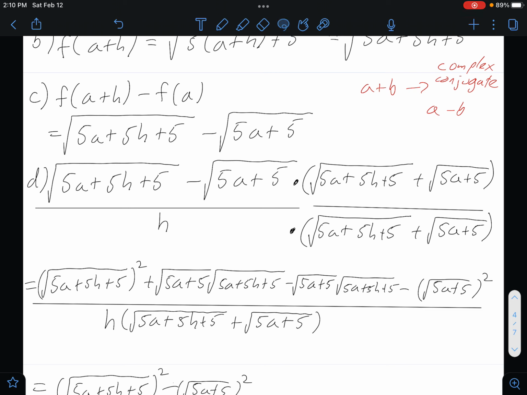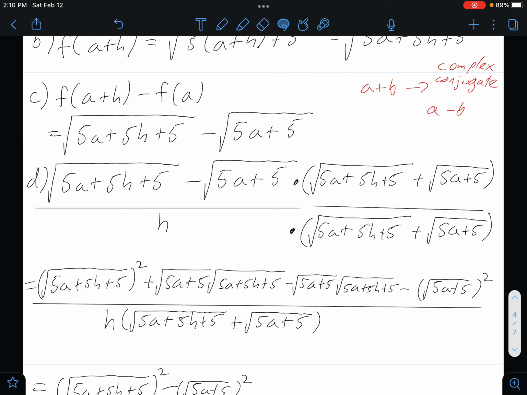Sorry about that. Anyway, we have the same terms in the beginning, radical 5a plus 5h plus 5 plus radical 5a plus 5, right? Again, there's a minus here. So applying the complex conjugate means writing the same two terms with the opposite sign in between.